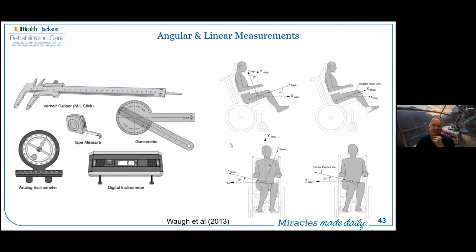So making sure that they are doing all of the measurements. There's a lot that goes into this, and I don't have time to go into it in detail. But our therapy evaluation is so important to get the appropriate seating system now that we found the appropriate wheelchair.